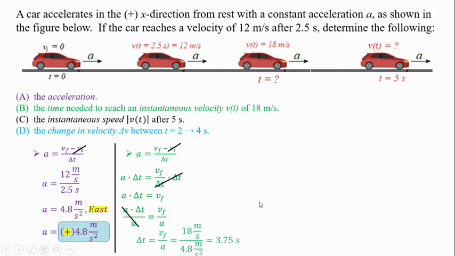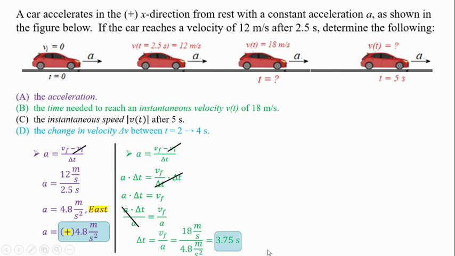And t is going to equal vf over a, which in this case, vf is 18 meters per second, because that's what part B wants us to do: how much time does it take to get up to this certain velocity? Then divided by a, which is 4.8 meters per second squared, calculated in part A. And here, time is 3.75 seconds. Time is a scalar quantity, so there is no direction whatsoever.